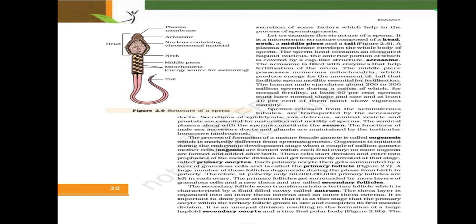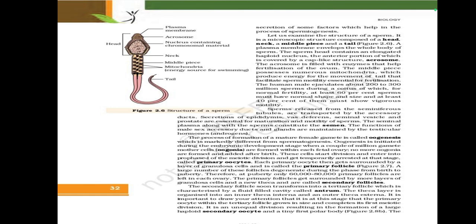The secondary follicle soon transforms into a tertiary follicle, which is characterized by a fluid-filled cavity called antrum. The theca layer is organized into an inner theca interna and an outer theca externa.